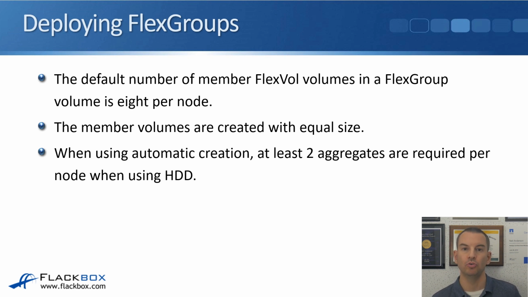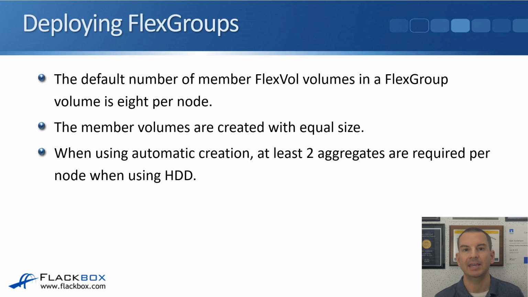Okay, let's do another example. I'm just going to double it. Let's say that for the number of nodes, rather than a 2-node cluster, we've now got a 4-node cluster. And again, we're going to create a FlexGroup of size 160 terabytes. Well, the number of volumes per node is going to be the same. It's still 8. We don't halve it because we've got double the number of nodes.